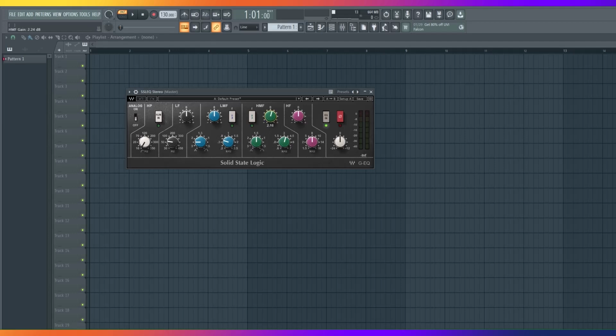So let's say, for instance, this frequency. It gives you a range of frequencies where you can either boost it or cut it or reduce it. So this is the Q band.